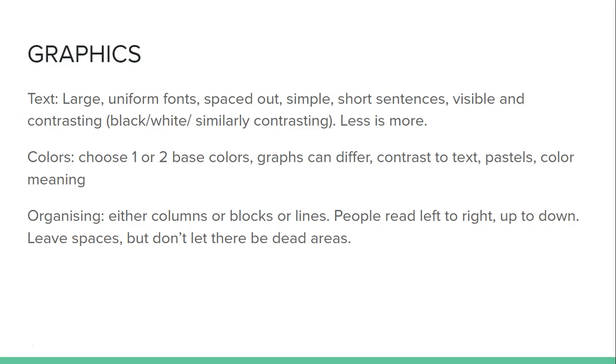Your text should be visible and contrasting, meaning it should be large and readable. If you've got a black background, your text should be white. If your background is white, your text should be black, or a similar contrast. If your background is dark blue, then you can still have white text.